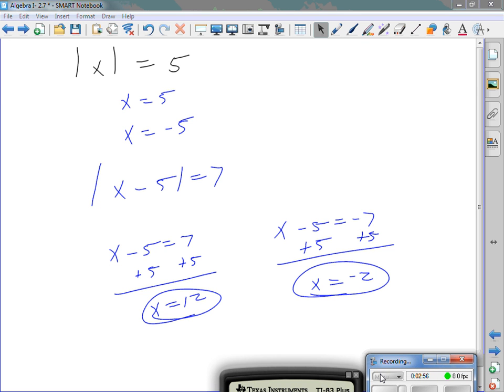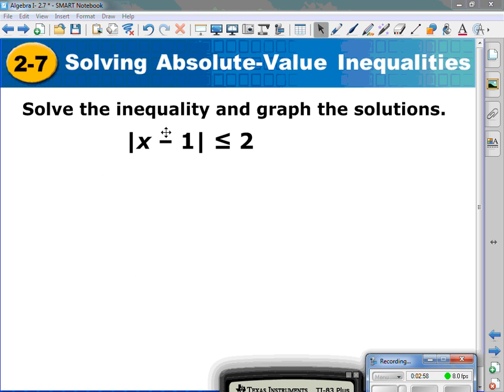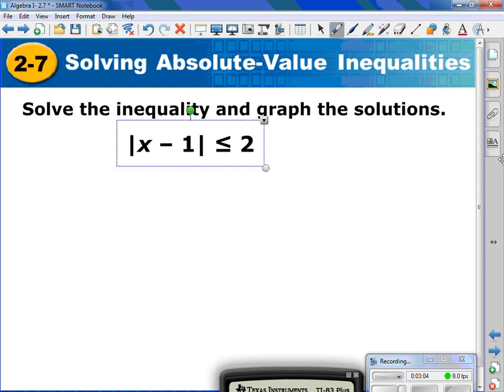These are for equations. Going for an inequality, if it is a less than, it is an and statement. Less than means and. The nice thing is, all I need to do is tack on this piece.